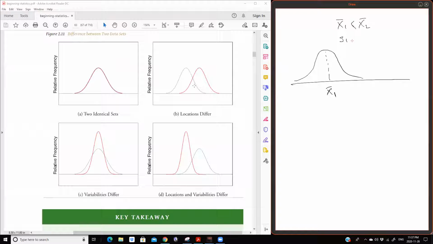However, the variances are the same. If the variances are the same, then you're going to have a situation like this. When you compare the two, you will see that it's like a shift. The red one is going to be just like the blue one, but shifted to the right because it has a bigger mean. But the shape of the curves will not be different. Their shapes will be the same. Make sense?